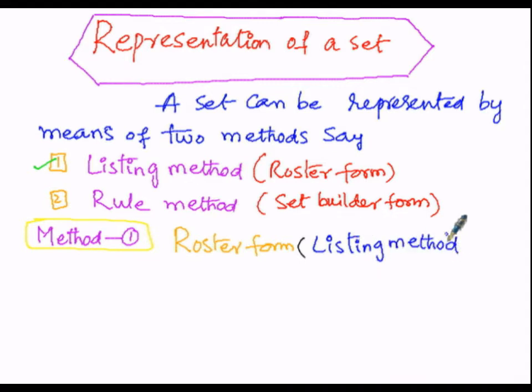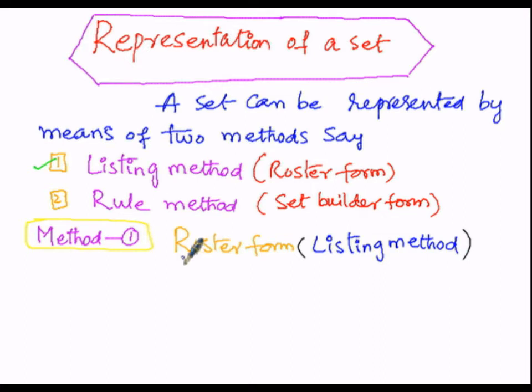In this method we prepare the list of each and every element which belongs to that set, and we separate all those elements by commas, and we enclose all the elements within brackets. This is called the roster form.